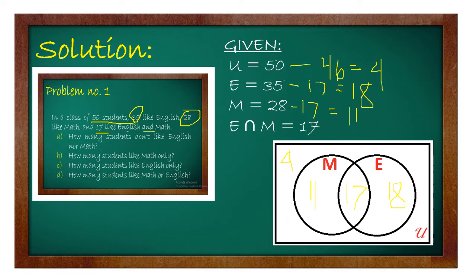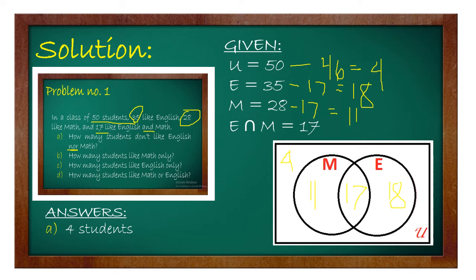So, mula dun sa Venn diagram natin, pwede na nating sagutan yung mga questions. How many students don't like English nor math? Ibig sabihin ng salitang nor, yung nasa labas ng circle pero nasa loob ng rectangle. So, we have now 4 students. Next is how many students like math only?